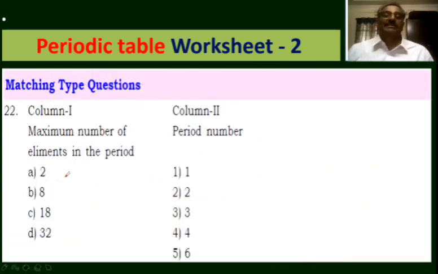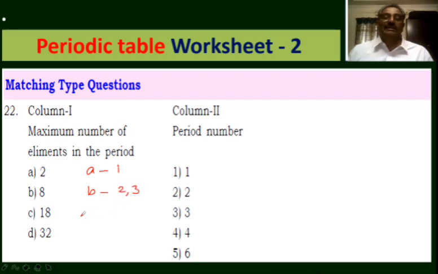Next, a matching type question. 2, 4, 2, 8, 18, 32. These are the maximum number of elements in the period, and the period number is given in column 2. 2 elements are present in which period? First period. So A is to be matched with 1. A maximum of 8 elements are present in both the second period and the third period.